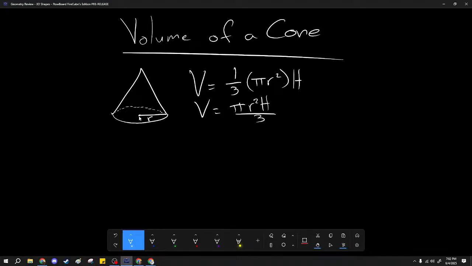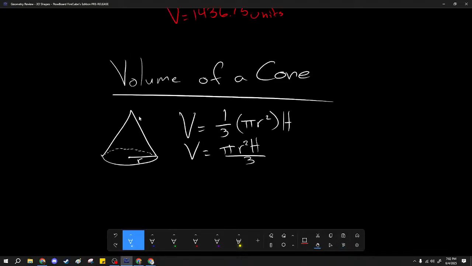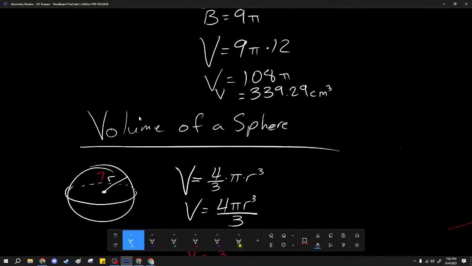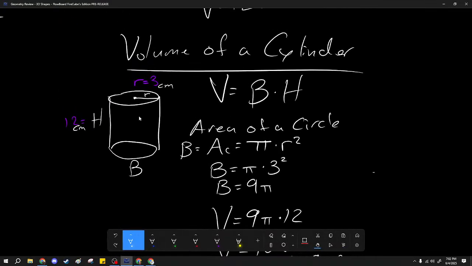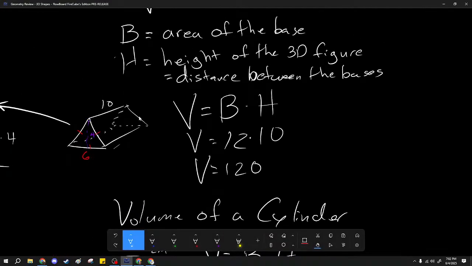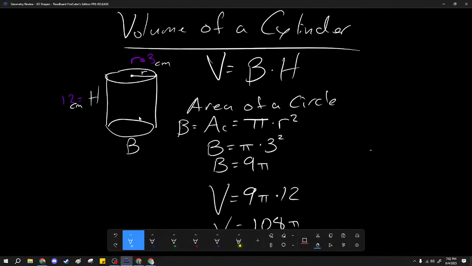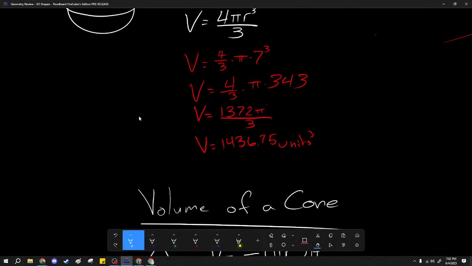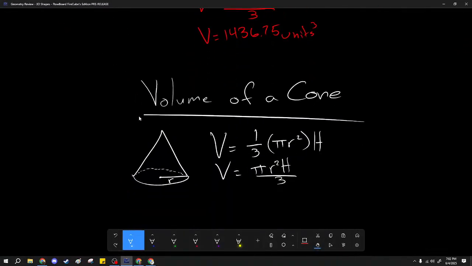So, capital H is the same kind of capital H as we did before with the prisms. With the prisms and with the cylinders, capital H is the height of the 3D shape, or the distance between the bases. This time we don't have more than one base. We only have the bottom part.